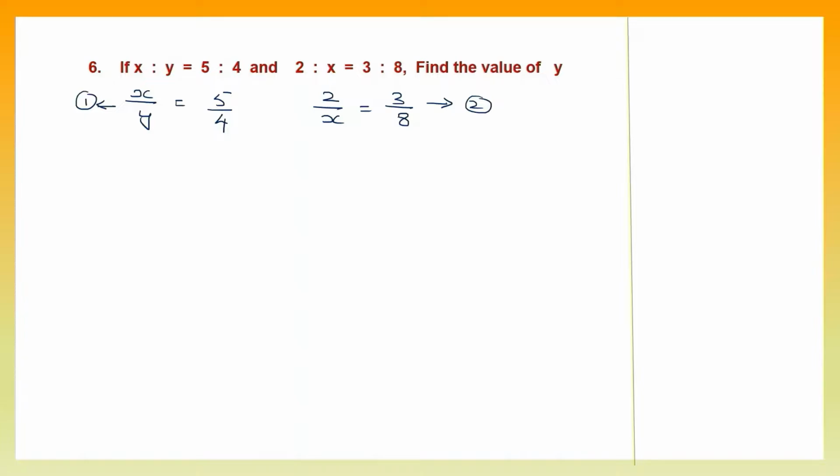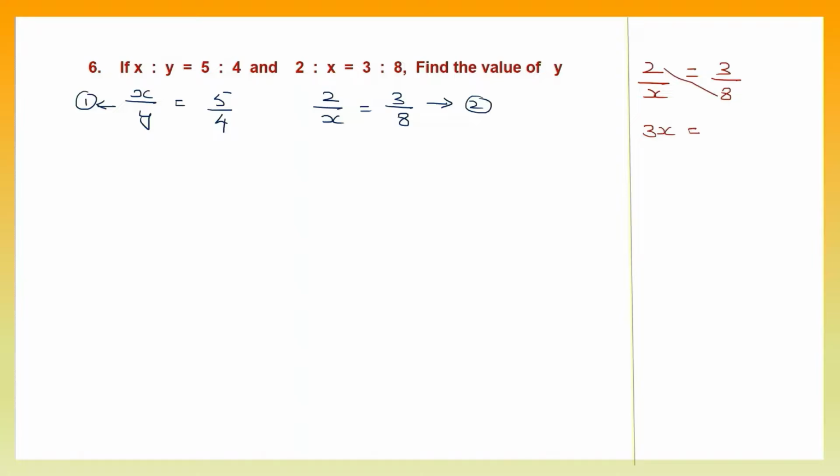I'll work it out in the working column. So 2 by x equals 3 by 8. To find the value of x here, we'll cross multiply. 2 into 8 and x into 3. So x into 3 will be 3x and 2 into 8.